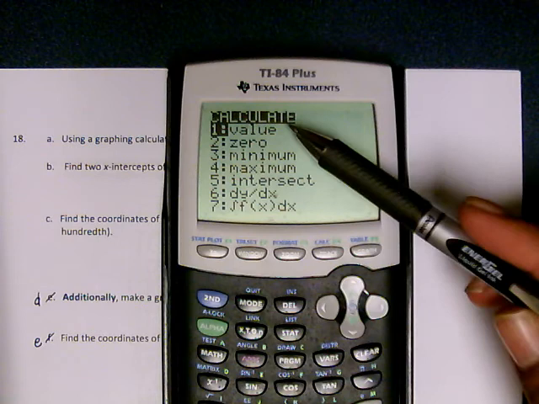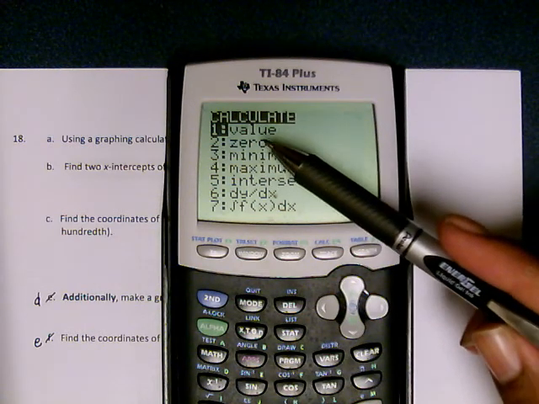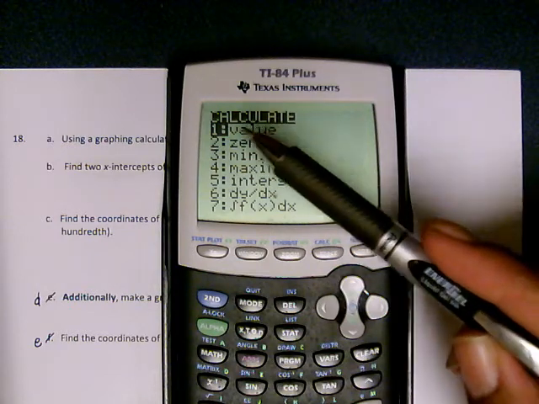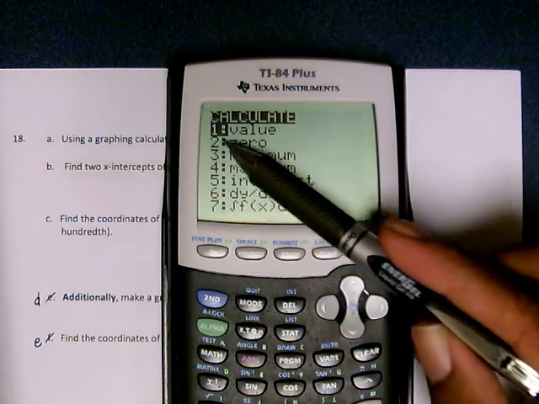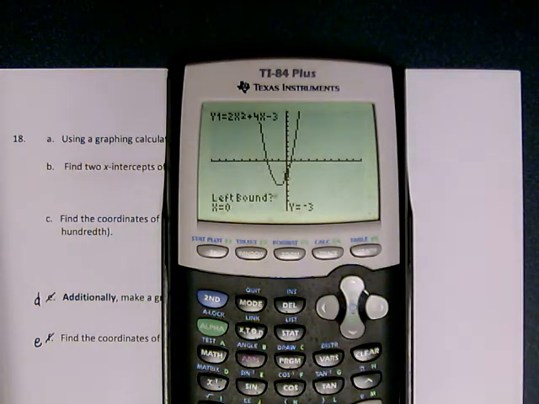So second trace will give you this calculate menu. Now we're finding the two x-intercepts, so that means we're finding the zeros of this particular equation. So here we're going to select menu item number 2 for the zeros. And you should get something that says left bound.